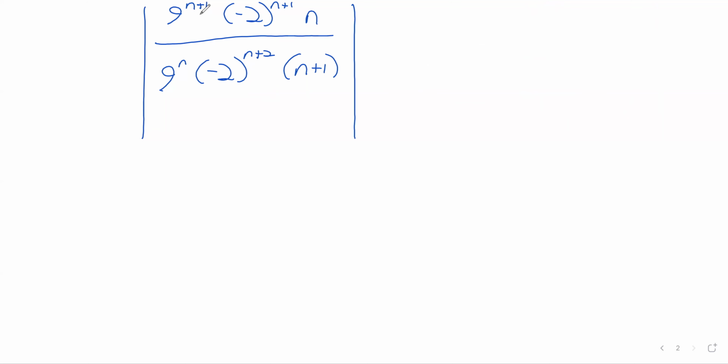What's going to happen when you use the ratio rule is we're going to get terms in the top and bottom that clearly correspond to one another. We have a power of 9, a power of 9, and n plus 1, and so on. And we can just break this into 3 fractions and deal with them one after another. 9 to the n plus 1 over 9 to the n.